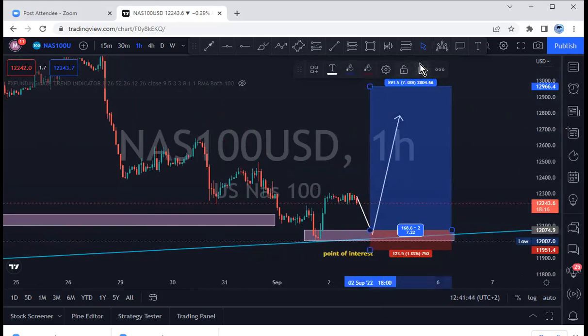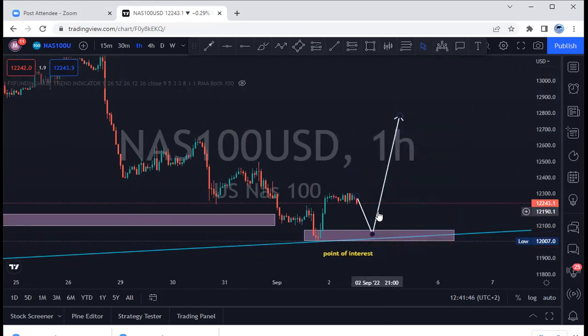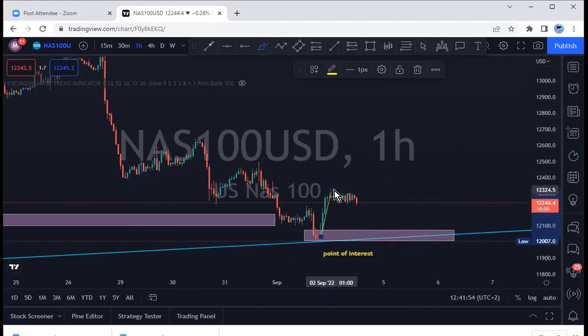And then our second one is this one. We have ourselves an impulse. What is it that we are seeing now? Some sort of a flag. So chances of seeing the market go to the upside from here are high.